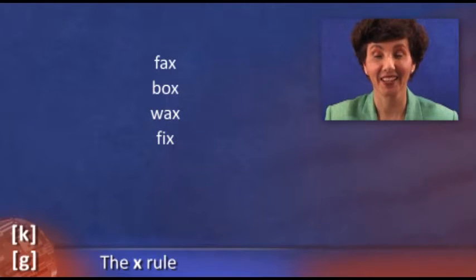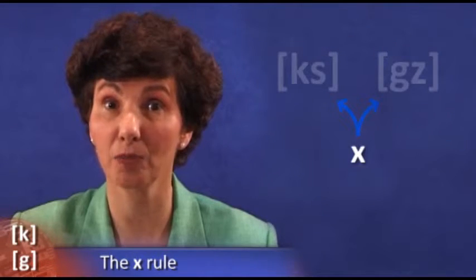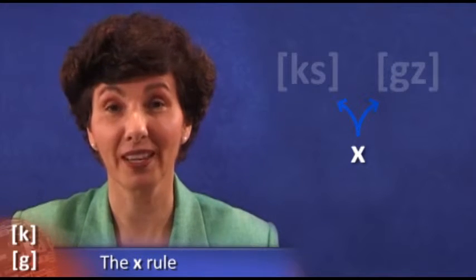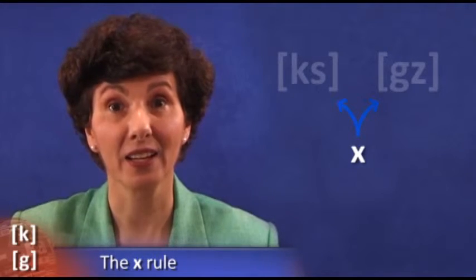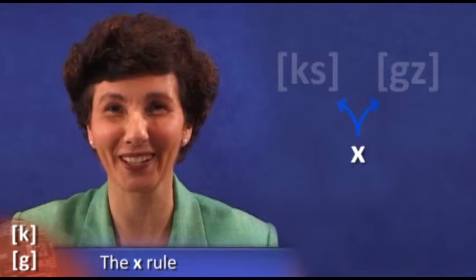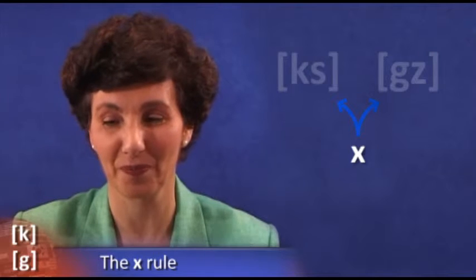Fix. Can you hear those X sounds? So this is why the sounds K and G are important. They not only come with the letters K and G, but with words that have other letters in them as well. And there's a lot to remember here. You might want to go back to this rule.